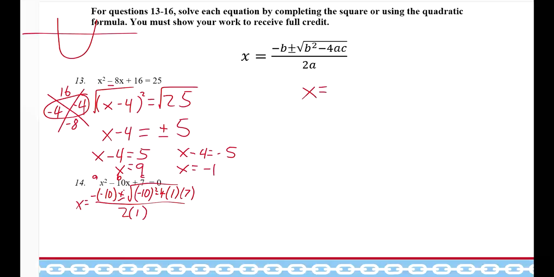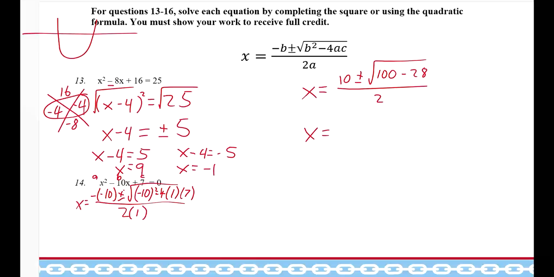X equals. And then my new denominator is just going to be 2. The opposite of negative 10 is 10. Plus or minus square root of, well, negative 10 squared is 100. And negative 4 times 1 times 7 is negative 28.